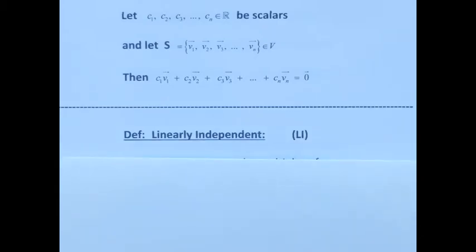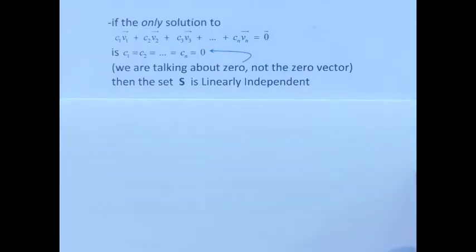linearly independent. Now, linearly independent, I'm going to start writing as LI because this is too long to write. Just an FYI. If the only solution to C sub 1 times vector v sub 1 plus C sub 2 times vector v sub 2 plus plus C sub n times vector v sub n equals the 0 vector is when C sub 1 equals C sub 2 equals C sub n equals 0, then we know we have a linearly independent system.